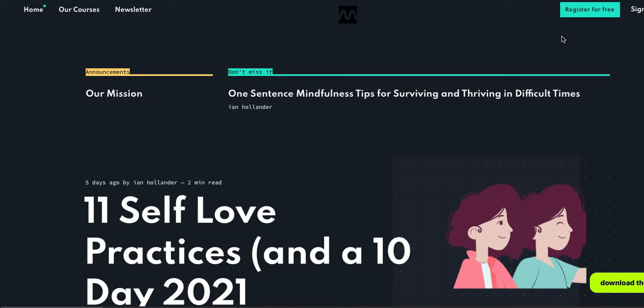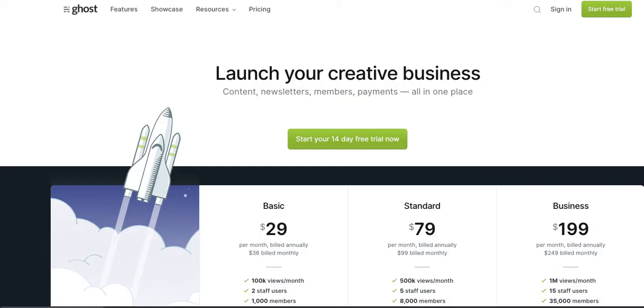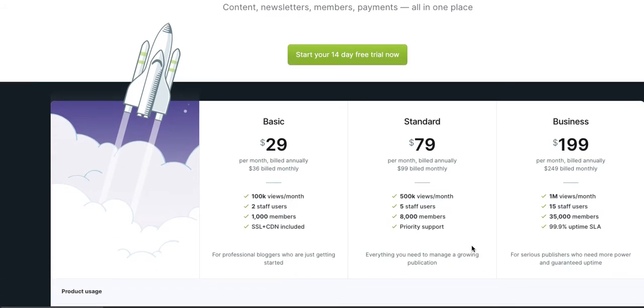So the hosting that I'm paying for right now is $15 a month, and it's roughly analogous, I think, to this plan here. It gives us unlimited staff members, which for us is very important because we're building a multi-author blog, not a single author blog.